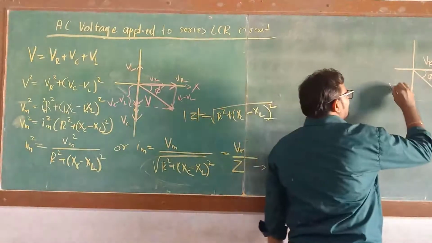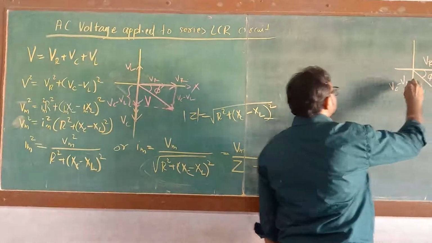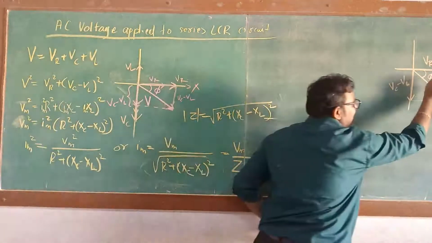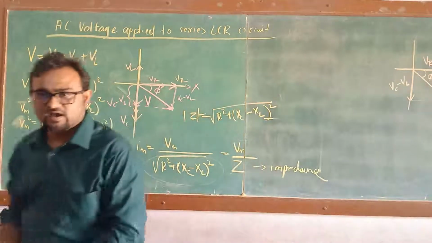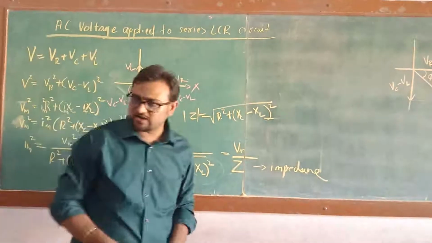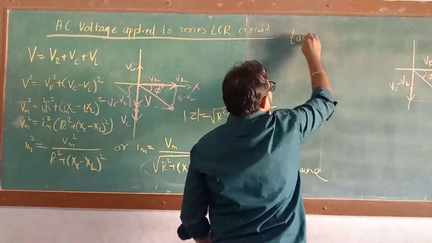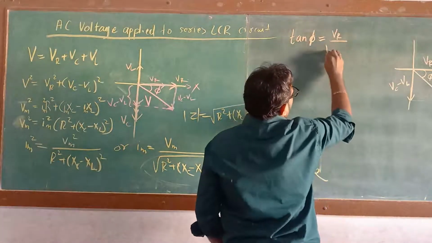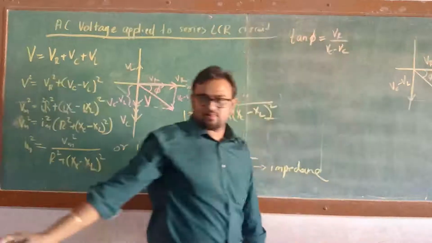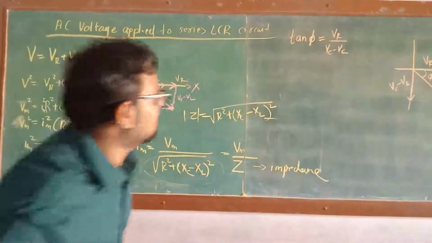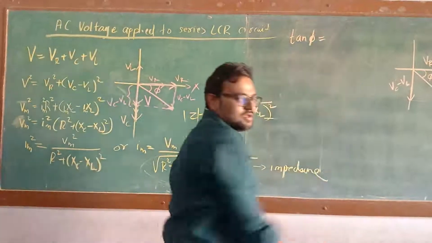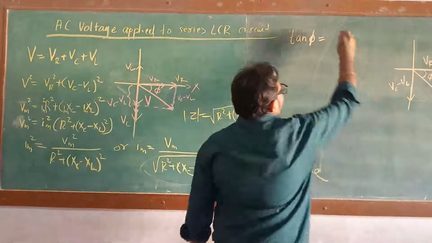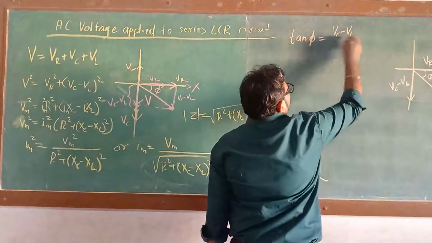So this will be VC minus VL. Now if I want to find out the phase difference between the current and the voltage, then tan phi will be equal to VC minus VL upon VR, opposite upon adjacent.